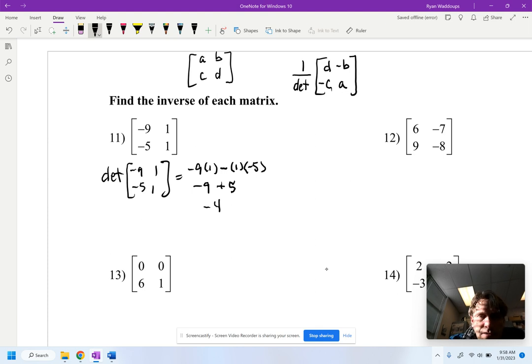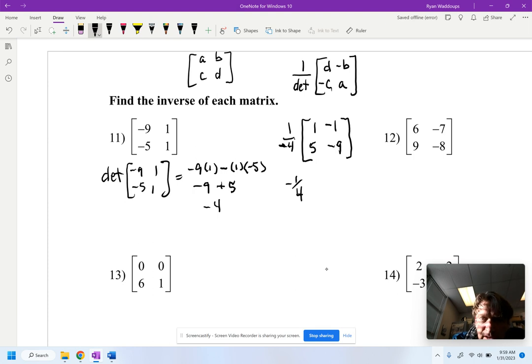So then the inverse is 1 over negative 4 times, the 1 and the negative 9 switch. This 1 becomes negative 1, and this negative 5 becomes positive 5. And so then we just multiply through by that negative 1/4. Negative 1/4 for the first element.